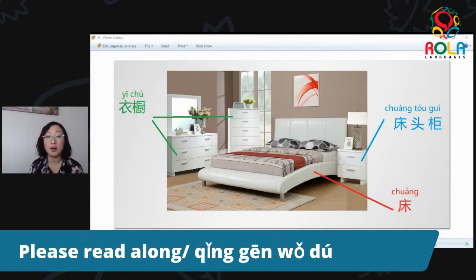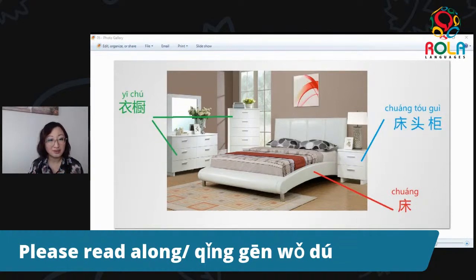First one, how do we call a bed? As you can see in red, 红色, 床. 请跟我读床. Okay, and then nightstand. You have to learn how to say 床 because it's called 床头柜. 床头柜.